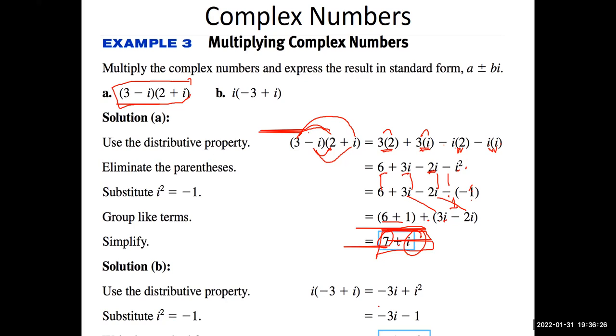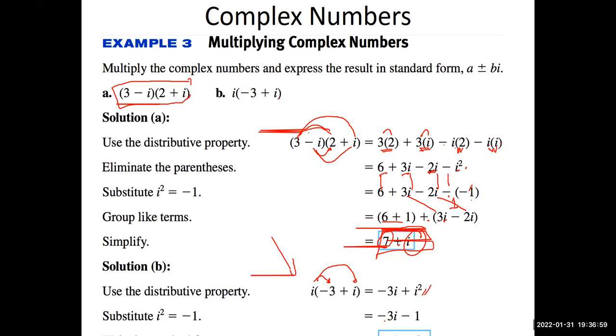Is it clear? Lastly, we have i multiplied by the quantity negative 3 plus i. So we distribute the i: we have negative 3i, and then i multiplied by positive i is equal to i squared.